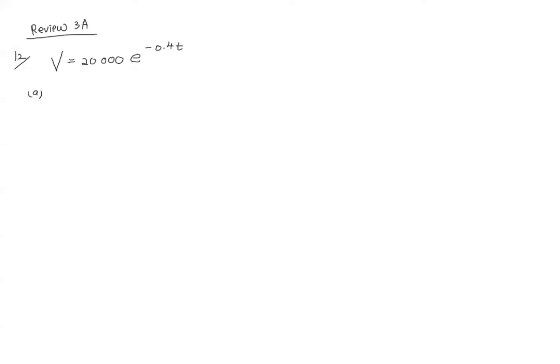Karo Rampa, what should I substitute t with for part A, to get the purchase price? With 0?